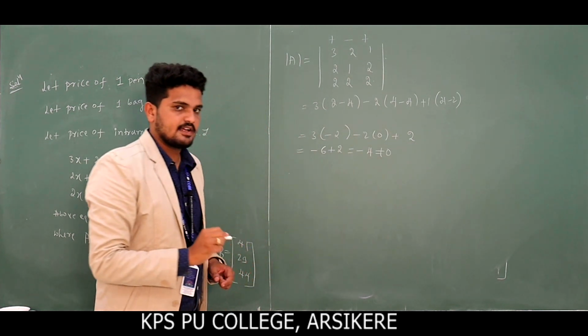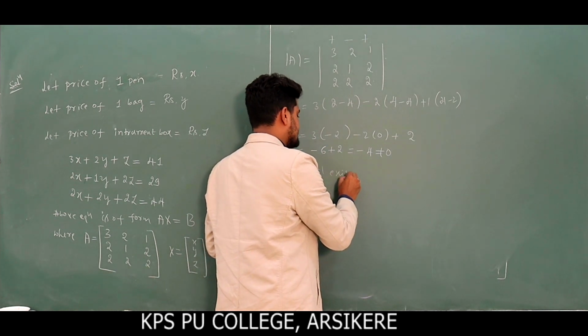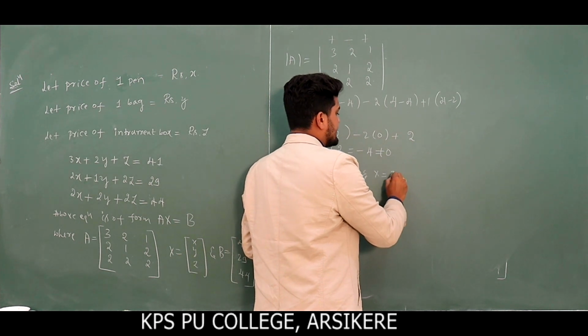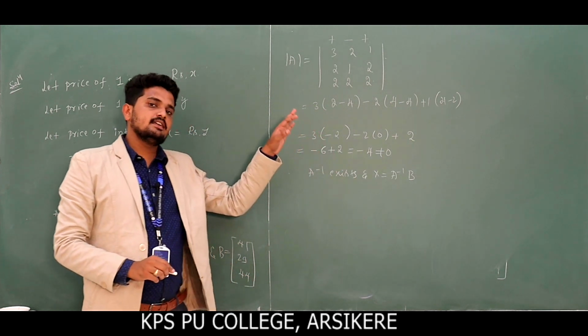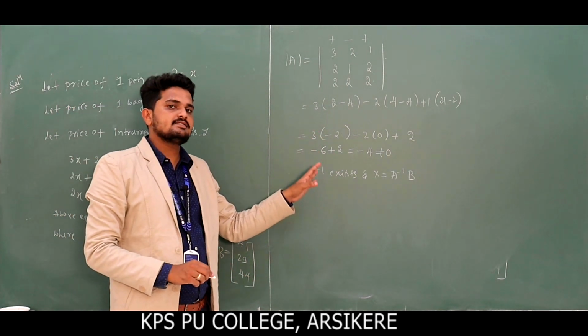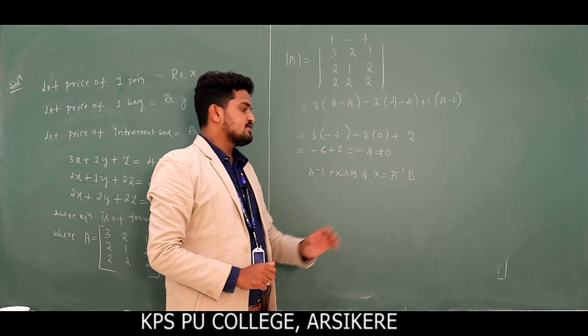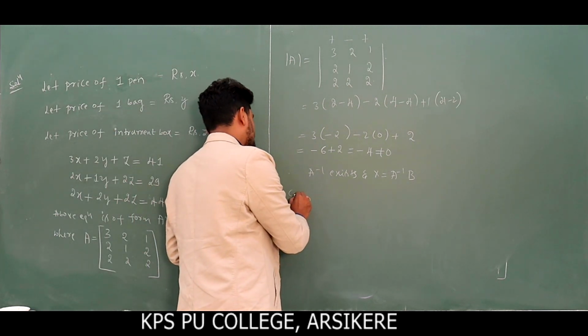So clearly we can conclude that A inverse exists and X is equal to A inverse into B. The given equations are consistent and have a unique solution. So A inverse exists, X is equal to A inverse into B. Next we have to find cofactors.